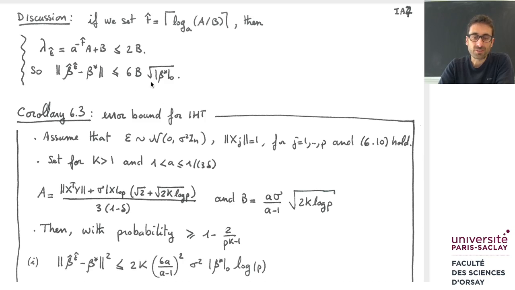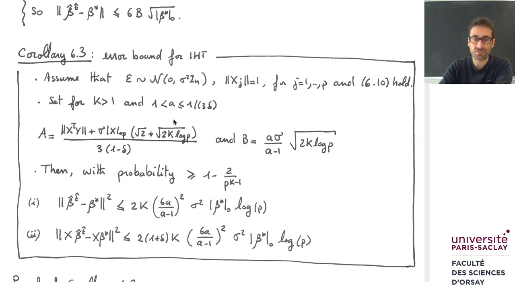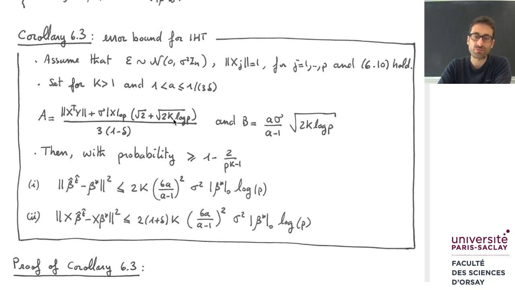Right, so if A and B fulfill the condition 6.11, then we will have this reconstruction error with this choice of lambda t. So now we will choose A and B in order to have the condition 6.11 fulfilled with large probability, and we get the following bound, which is the corollary of the previous theorem.